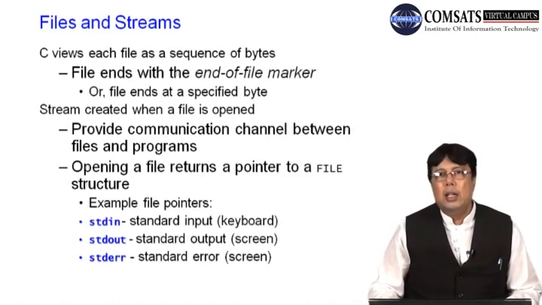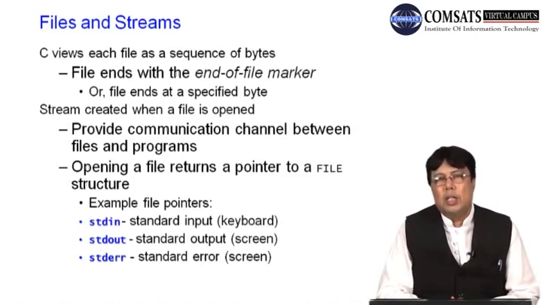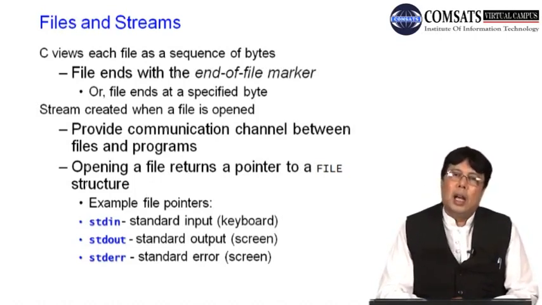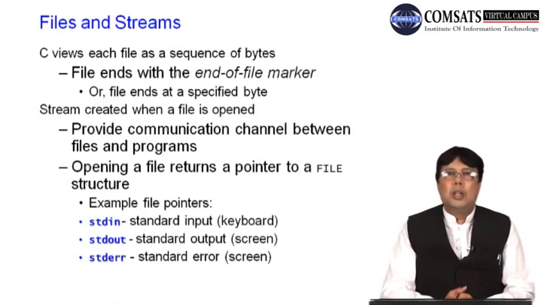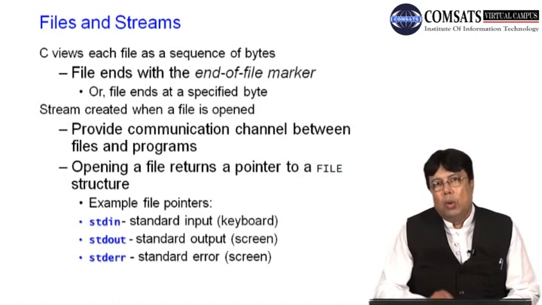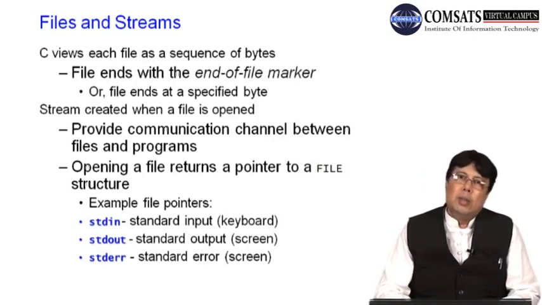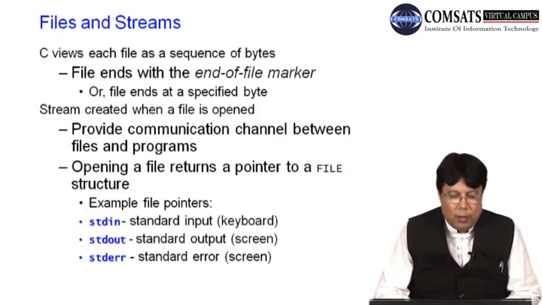For the system it is a sequence of bytes, a stream of bytes, and at the end there is a very special byte that contains special data which is called end of file. This end of file has a special representation in the operating system. For example, in our Windows operating system we use a control sequence, Control Z. When we hold Control and press Z, this indicates to the system that this is the end of the file.